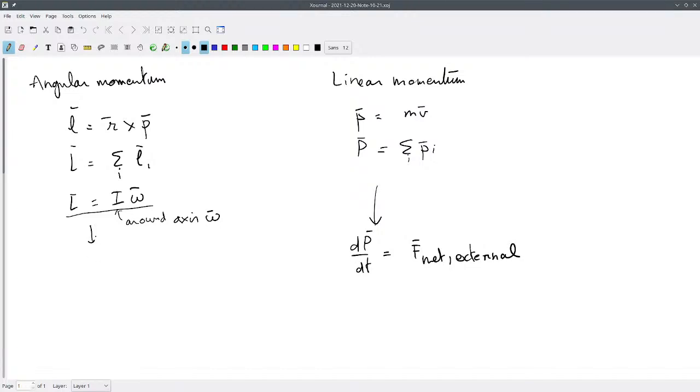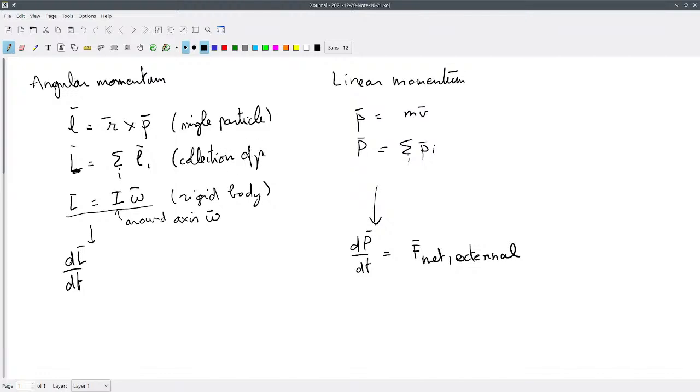And that's, of course, something that comes back here in the angular momentum situation as well, except now we have that the change in the angular momentum of either a system of particles, or of a rigid body around some axis. So this was, let me just make sure, single particle, and this is a collection or multiple particles.